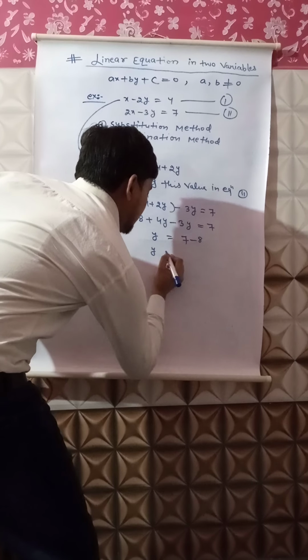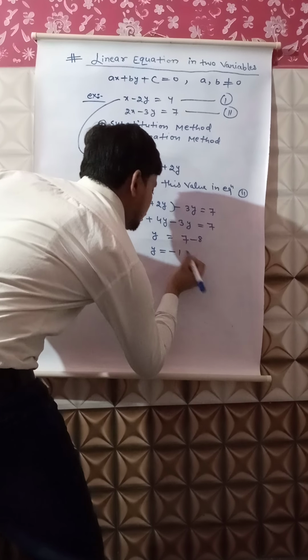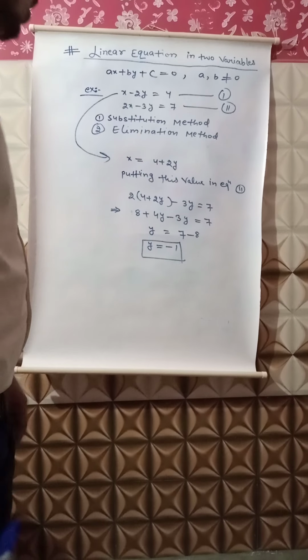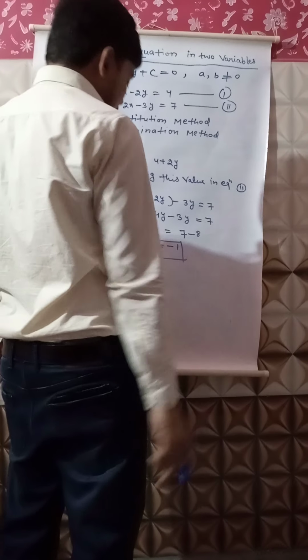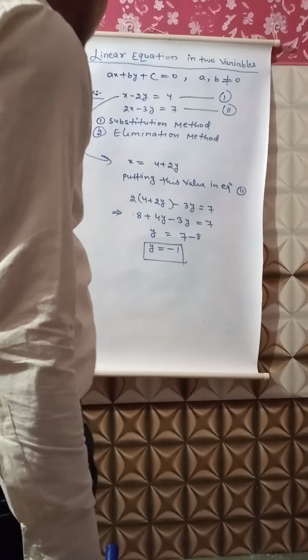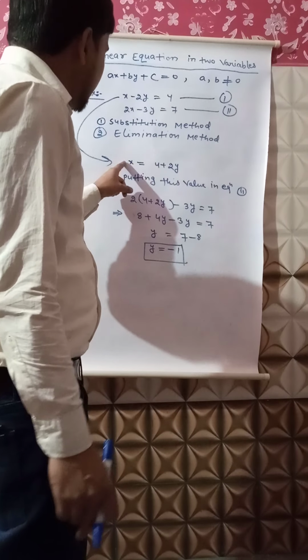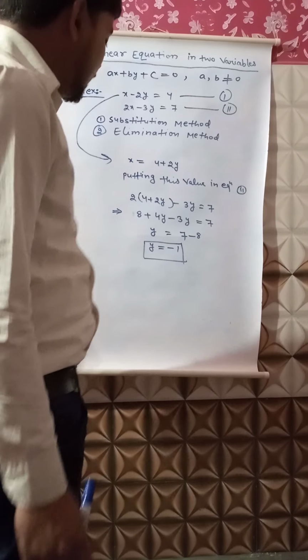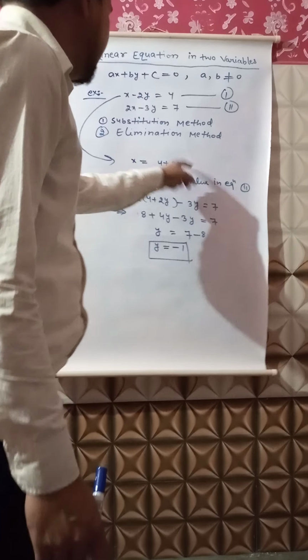So we have calculated y is equal to minus 1. Now we are going to find the x value with the help of y. Here we have found x in terms of y, so we put this value in this equation.